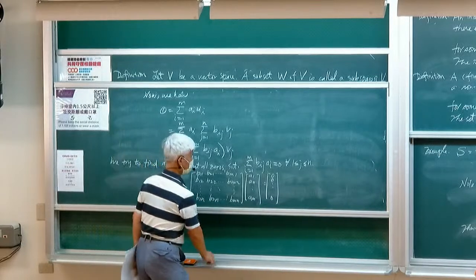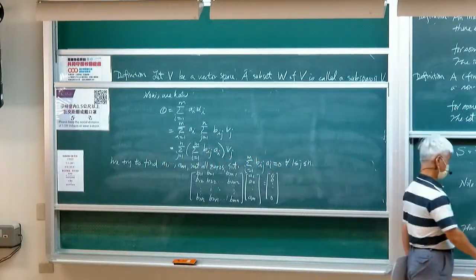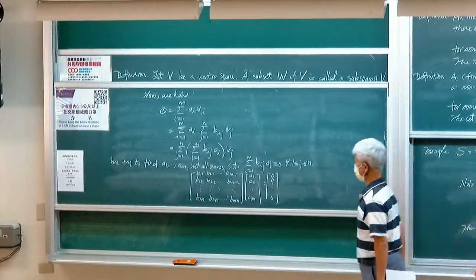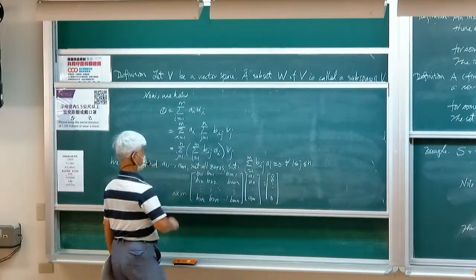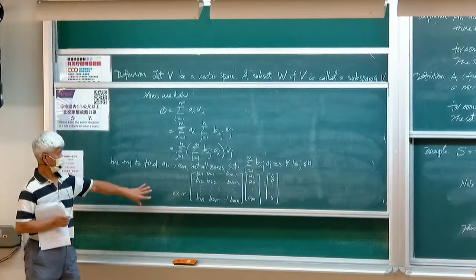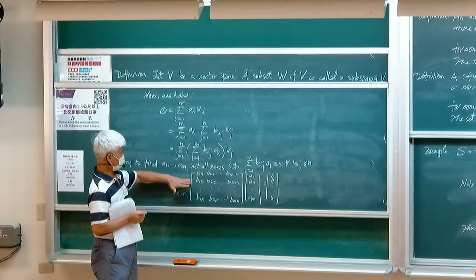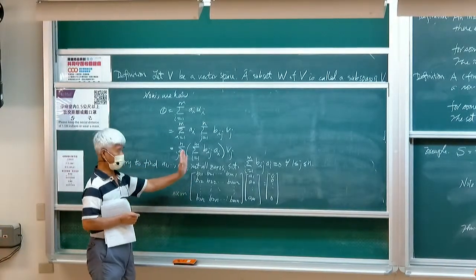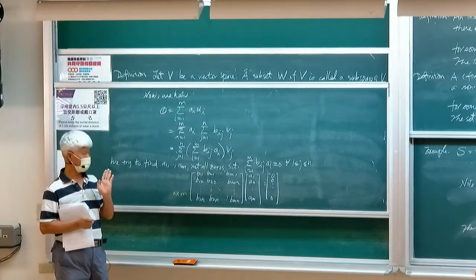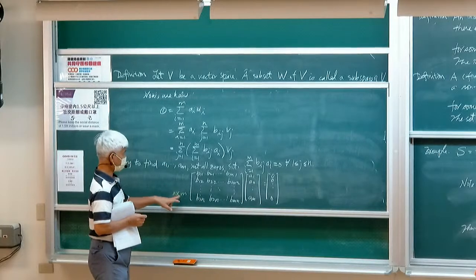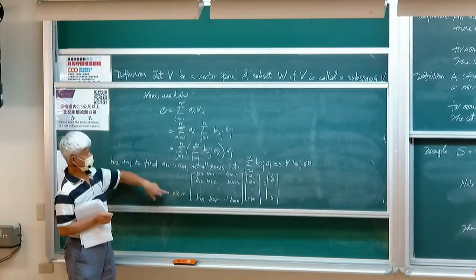Now, the coefficient matrix has dimension n times m. So it has n rows but m columns. But you know that m is greater than n, right?